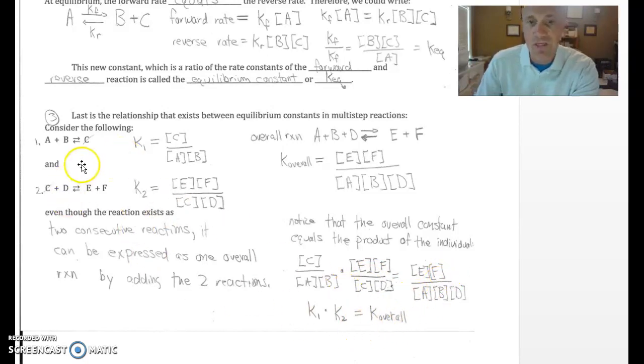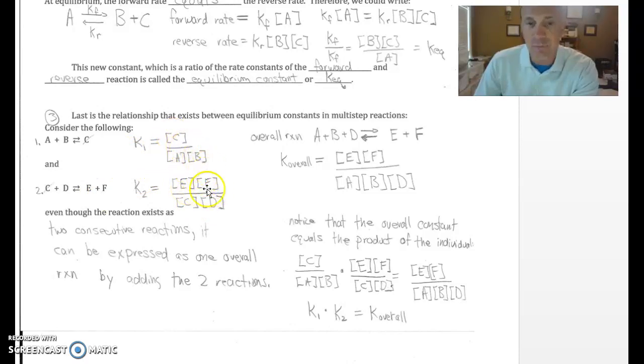This would be in the case where you have two sequential reactions. So far, I have not seen any practice problems that ask you to apply this. My understanding as of right now is that you're expected to understand this conceptually, but not necessarily apply this in practice problems.